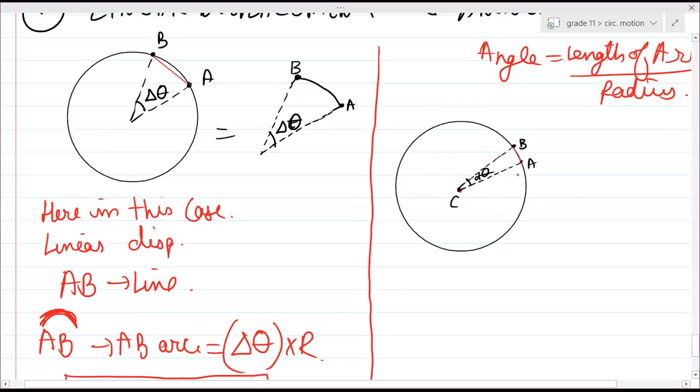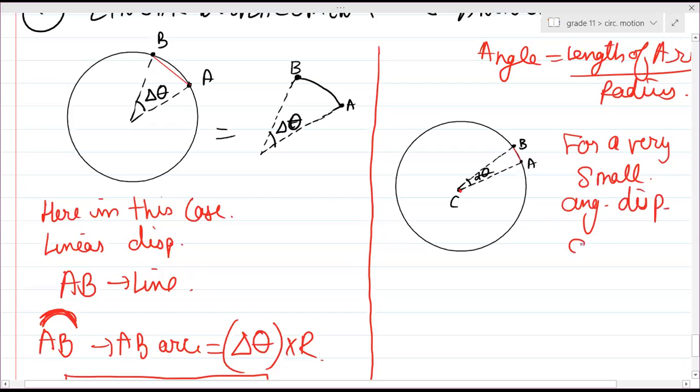Now can you see AB arc and AB length? They are almost the same. For a very small angular displacement, d theta, the length of AB arc and the length of AB line are approximately one and the same. Is this clear, guys?